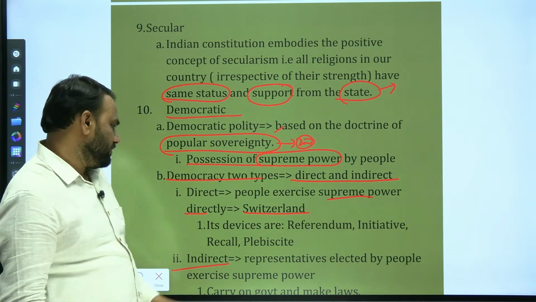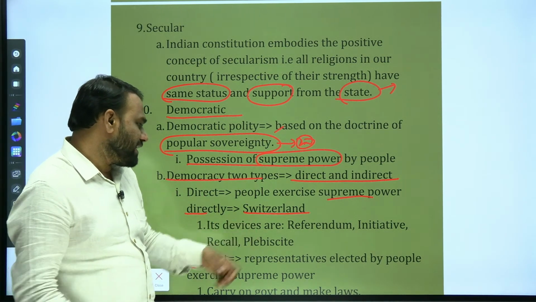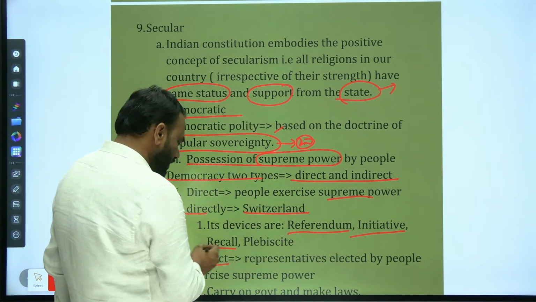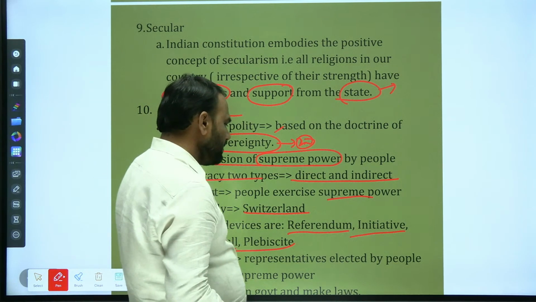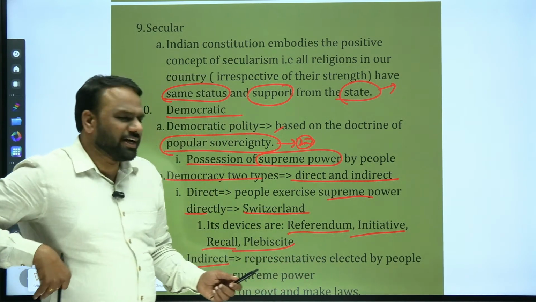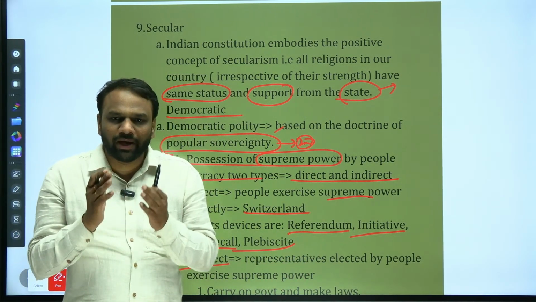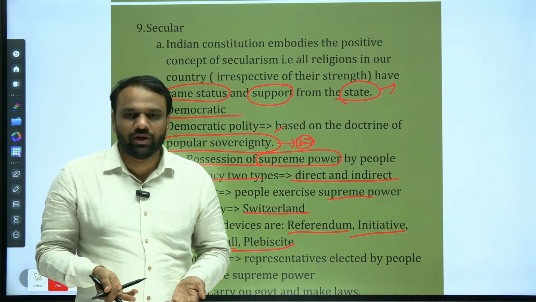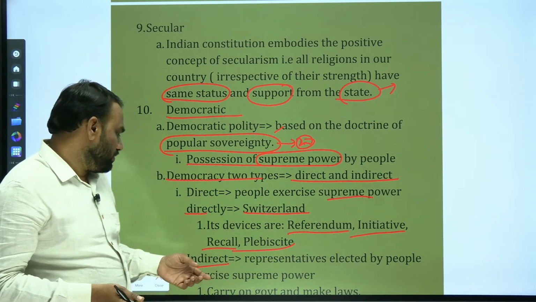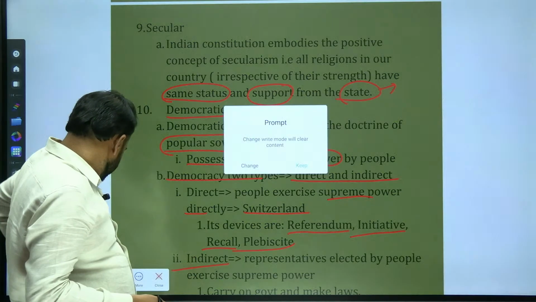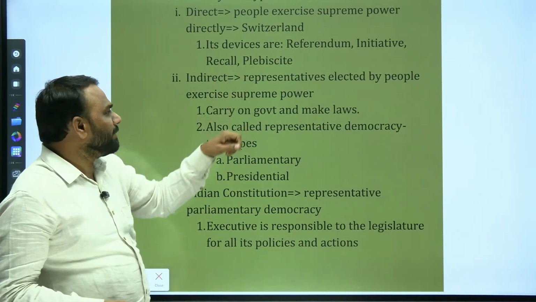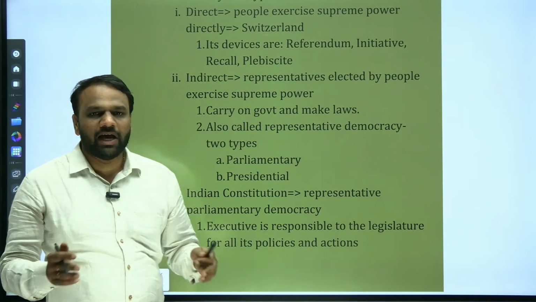In the case of direct democracy, its devices are referendum, initiative, recall, plebiscite. What do they mean? Whenever they want to make a decision on any issue, all of them come together and vote. When it comes to indirect democracy, representatives elected by the people exercise supreme power, as it happens in India.